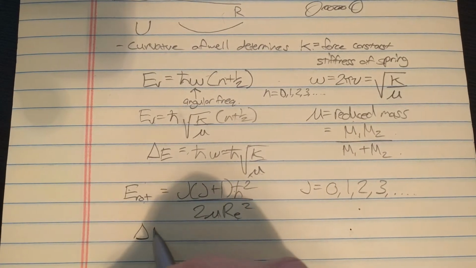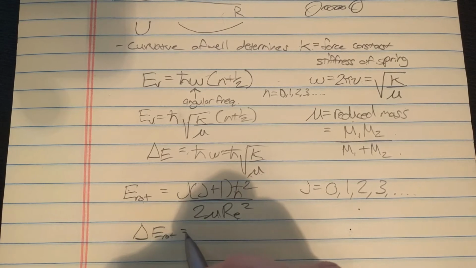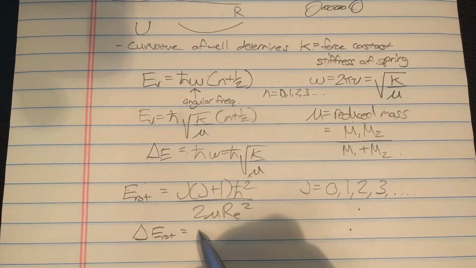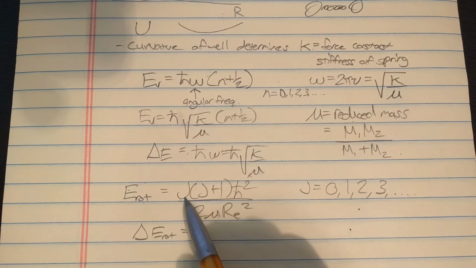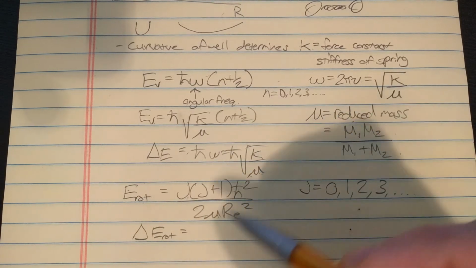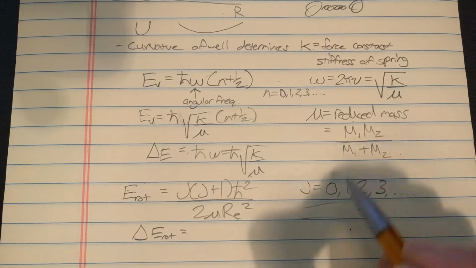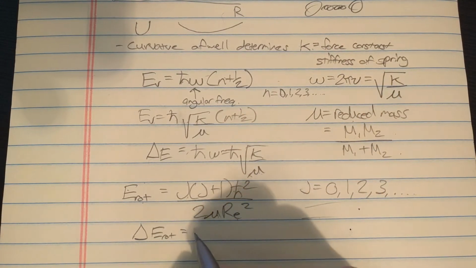Now if you take the difference between the rotational energy levels, you can try it yourself. You just add 1 to J, and then you subtract the energy where you didn't have J. So I'm taking 2 rotational energy levels that are next to each other. I'm not skipping one, is what I'm doing.